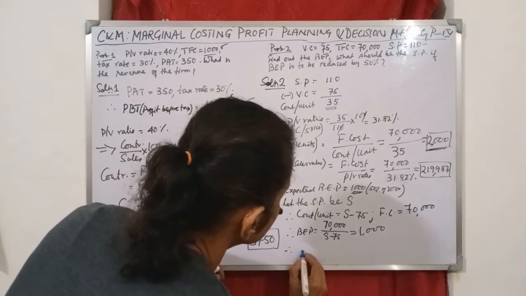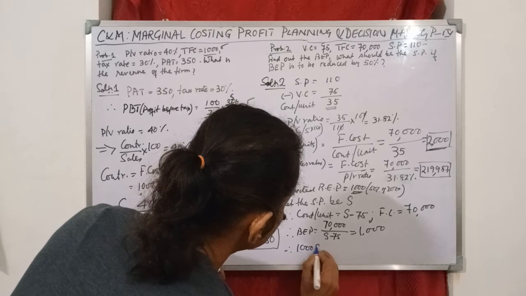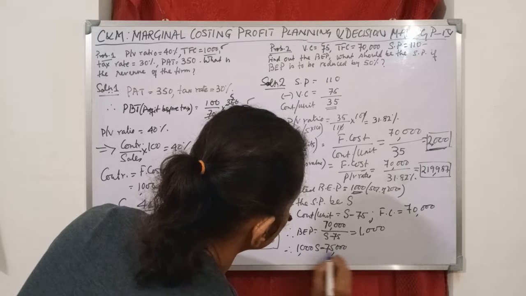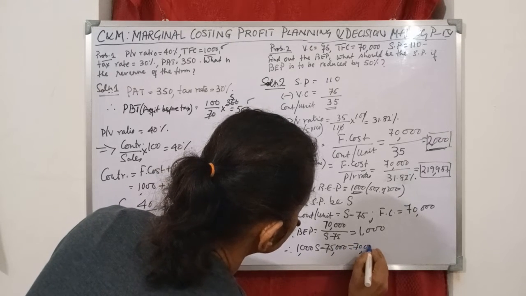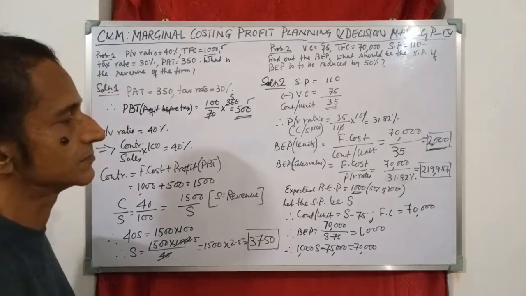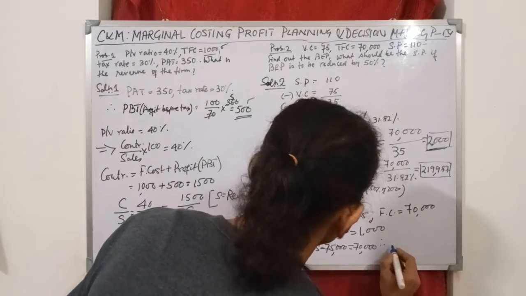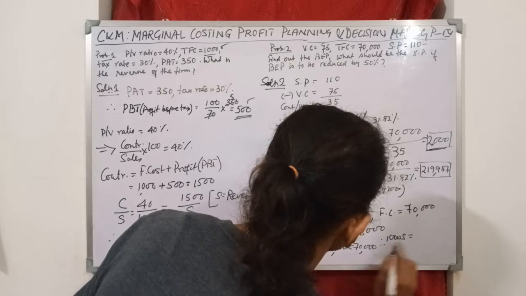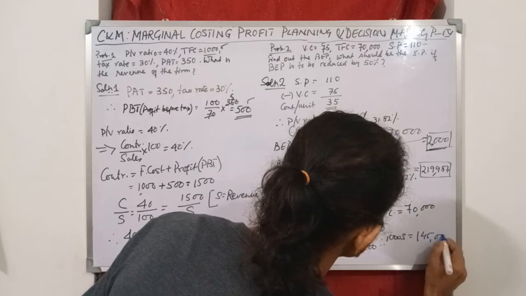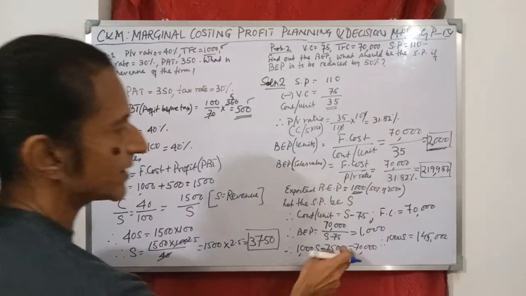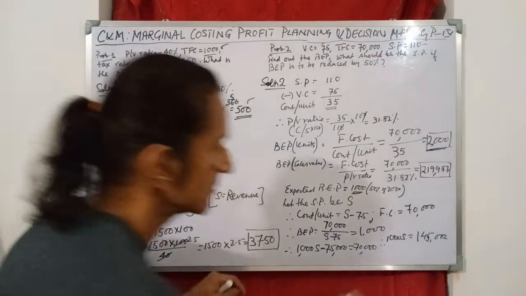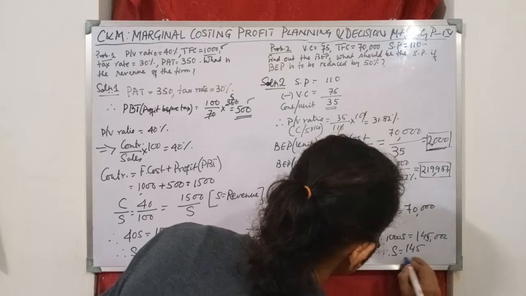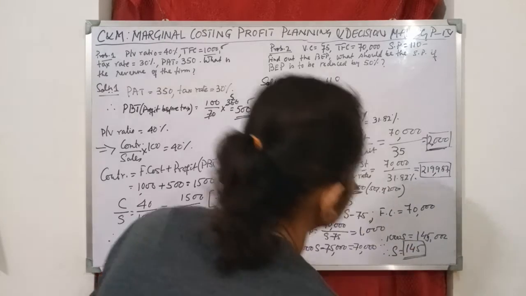Therefore, 1,000 S minus 75,000 equals 70,000. This means, therefore, 1,000 S equals 145,000. 75,000 plus 70,000 is 145,000. Therefore, S equals 145. Correct?